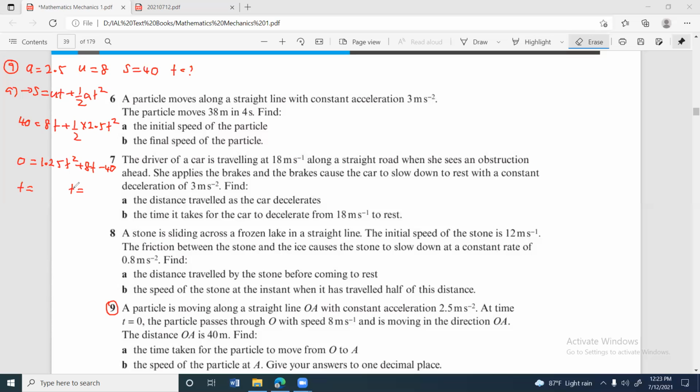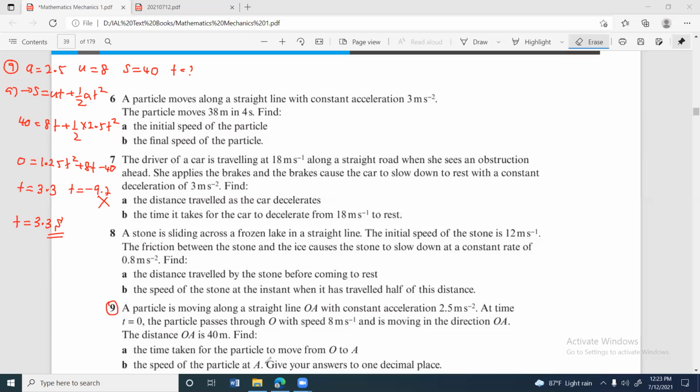One answer is 3.3, the other answer is minus 9.7. Obviously time cannot be negative. Therefore, time is 3.3 seconds.